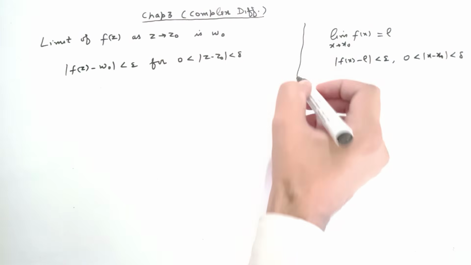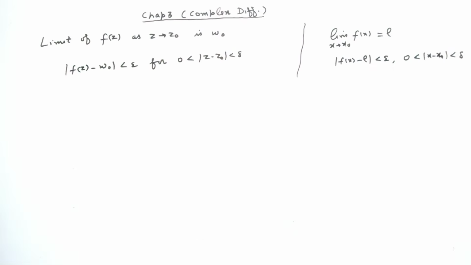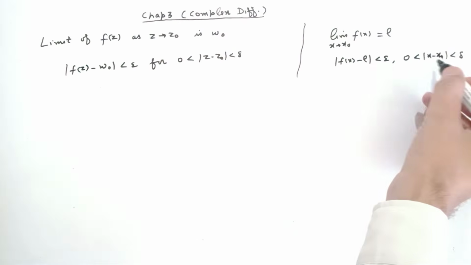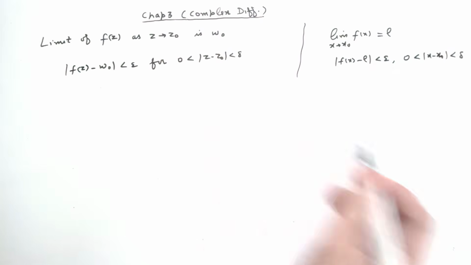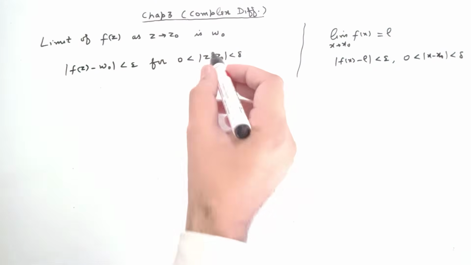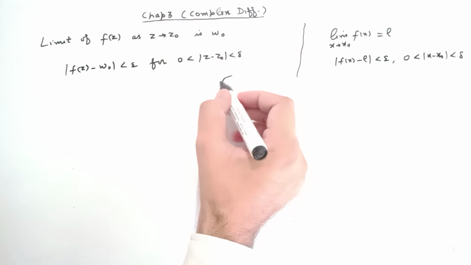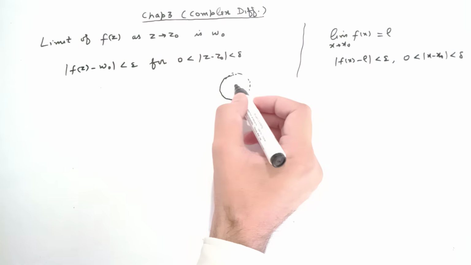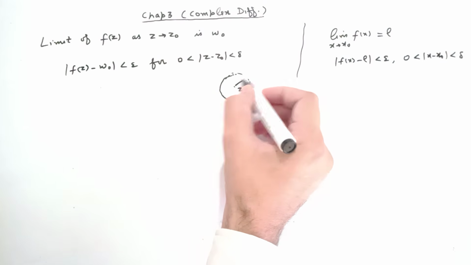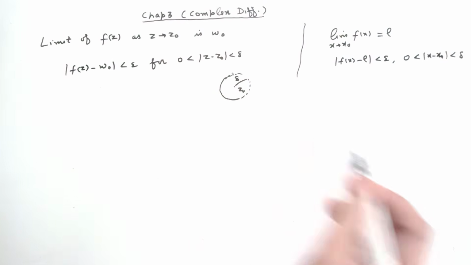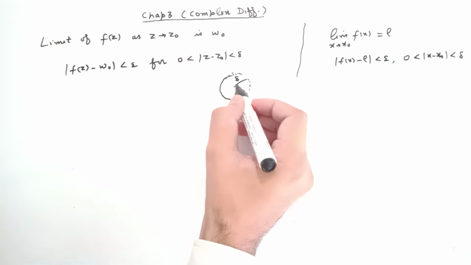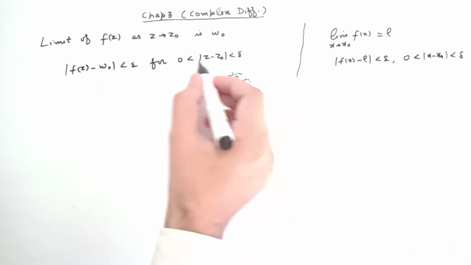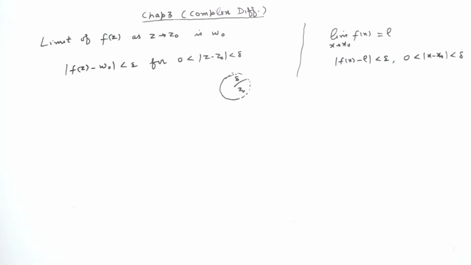These look the same but geometrically these are different things. Here x lies in the interval but here z lies in the deleted neighborhood of z0. You know the shape of this is an open circle centered at z0, radius delta. z belongs to this. Okay, z0 is not included in this.